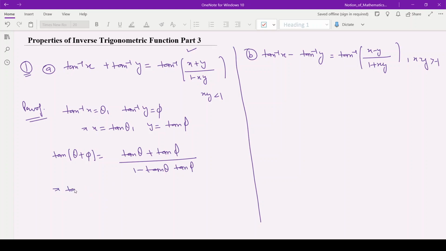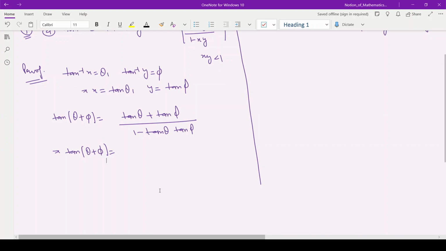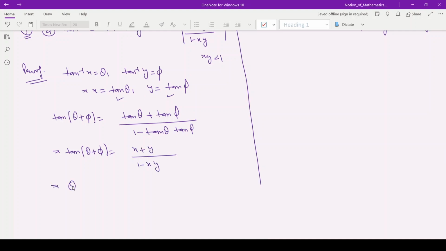From here I can write it as (x plus y) upon (1 minus xy).